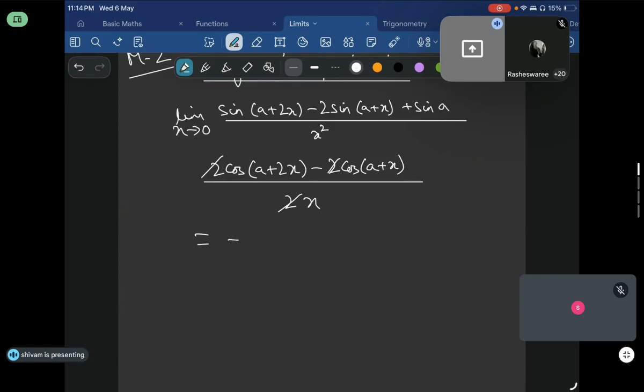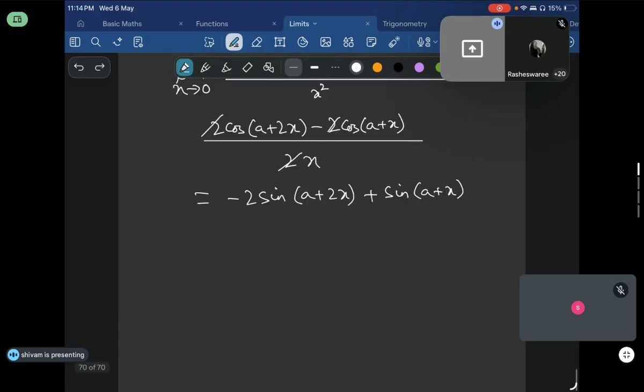It will become minus 2 sine (a plus 2x), then plus sine (a plus x). The whole thing is gone. Now you substitute x equal to a. We'll get minus 2 sine a plus sine a. Done. This can be done easily by L'Hopital. Minus sine a will be your answer.